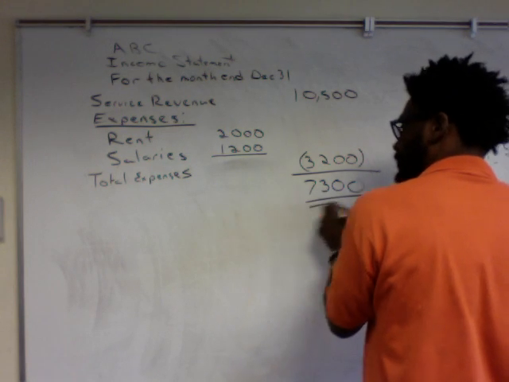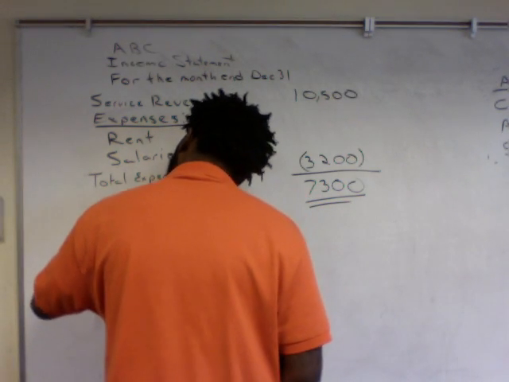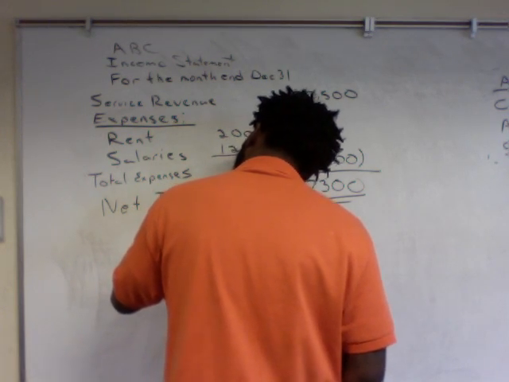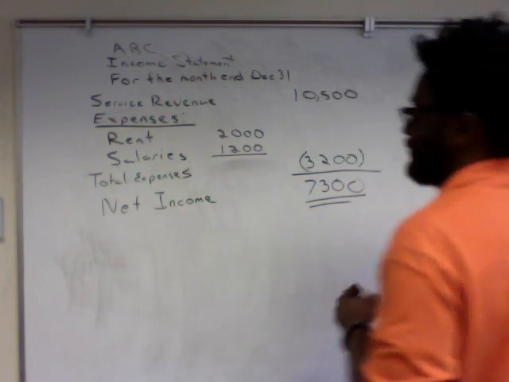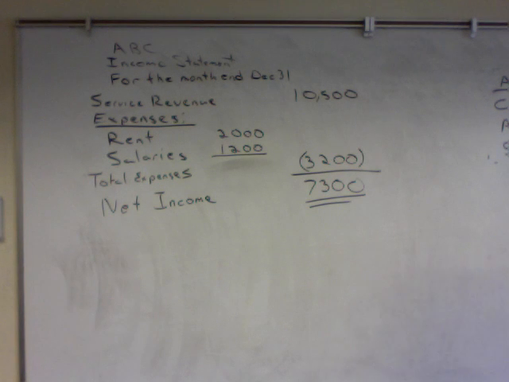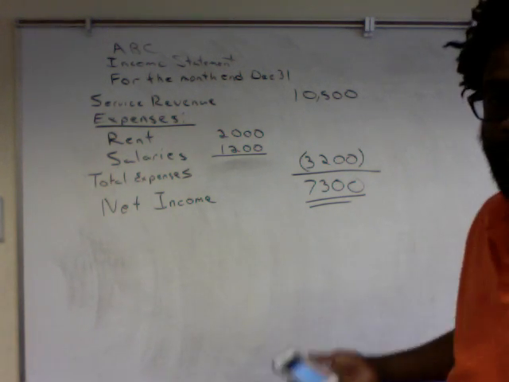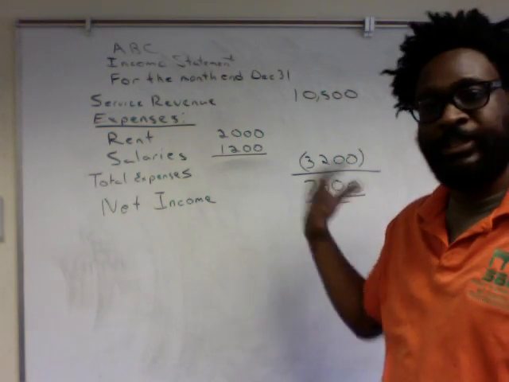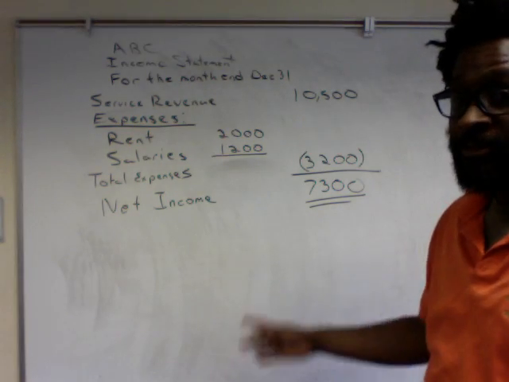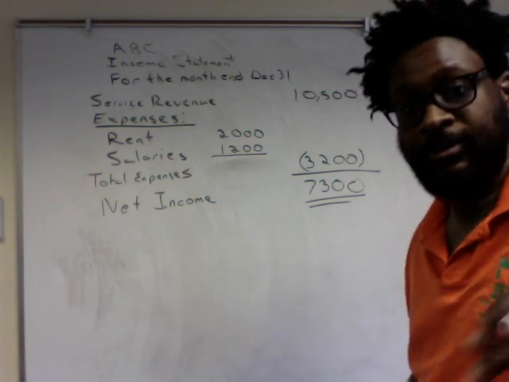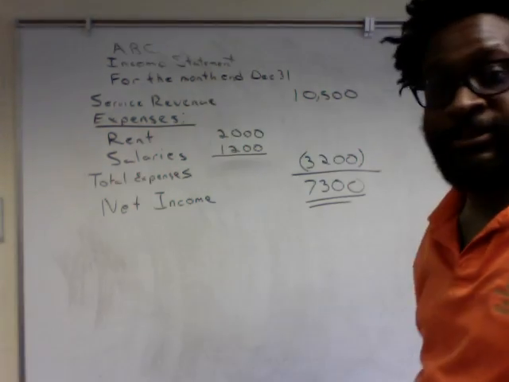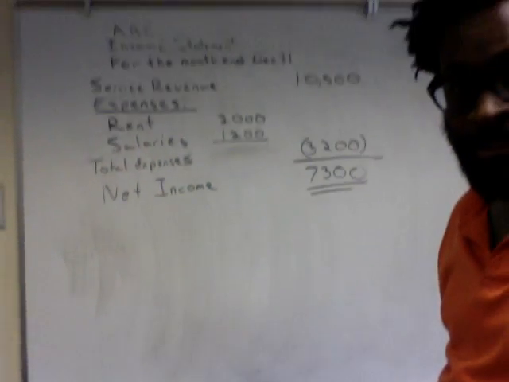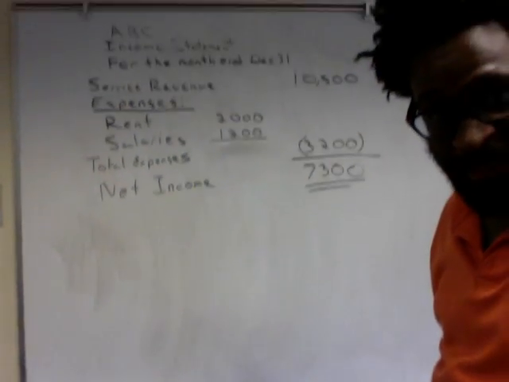So 7,300 would be my net income. Of course, if I had more expenses than I did revenues, that would give me a net what? Loss. Okay? So that's it, guys. That's the income statement. In reality, they're more extensive because you have more expenses, but in this example, we only had two. So that's all you need for the income statement. Revenues and expenses.